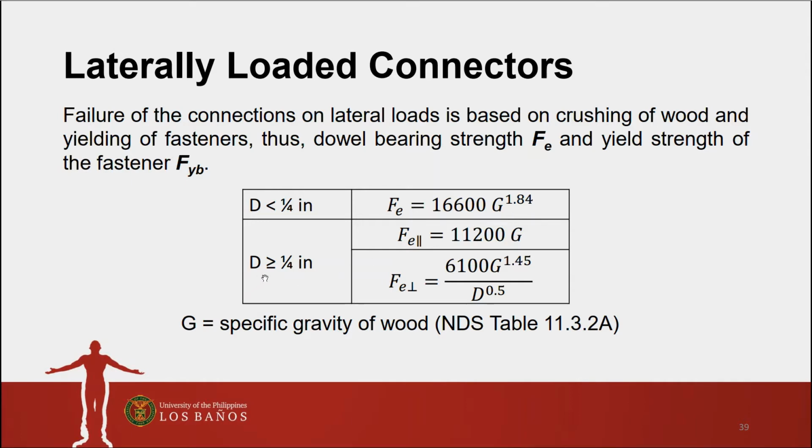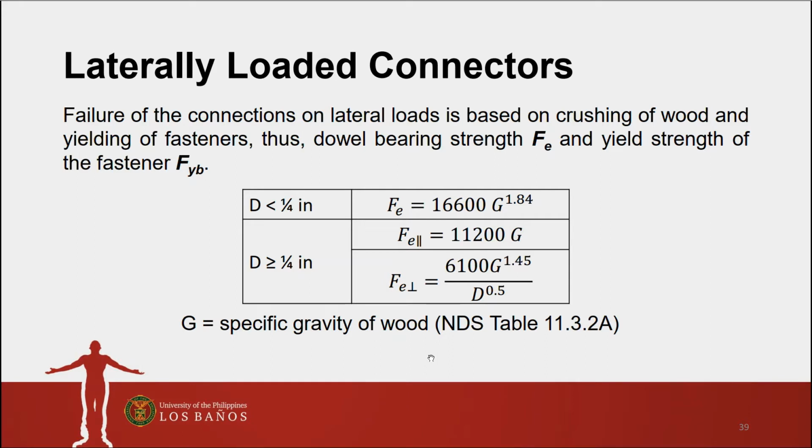For diameters greater than 1/4 inch, we have the dowel bearing strength Fe parallel to the grain, which is equal to 11,200 G. Next is the dowel bearing strength perpendicular to the grain, which is 6,100 G raised to 1.5 over D raised to 0.5, where G is the specific gravity of the wood.